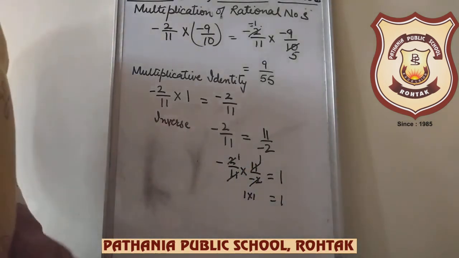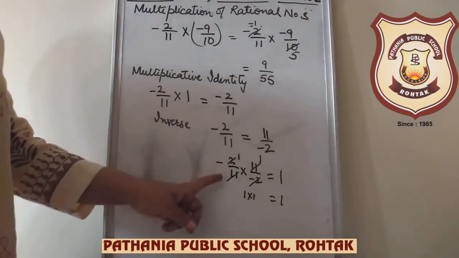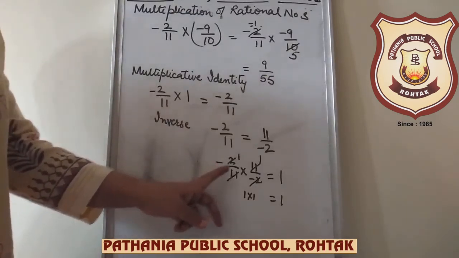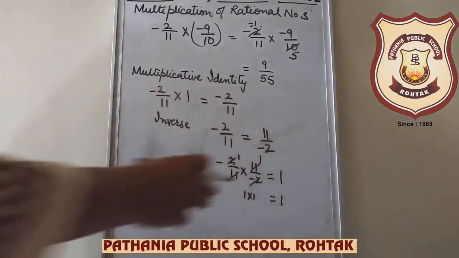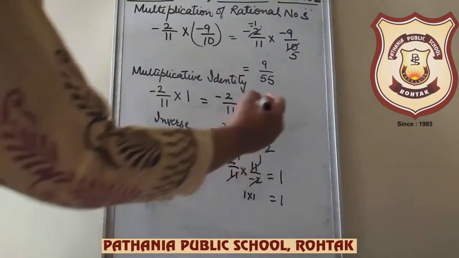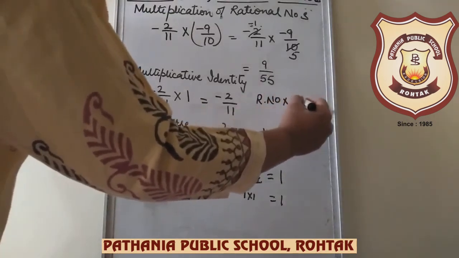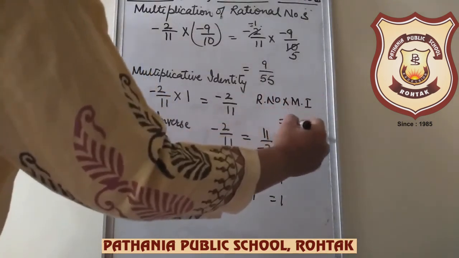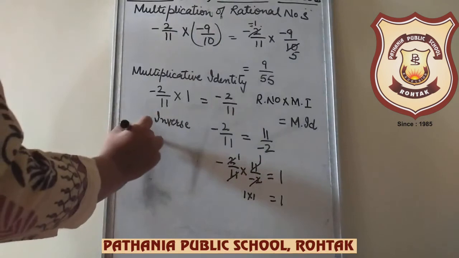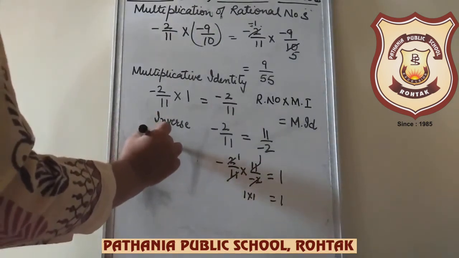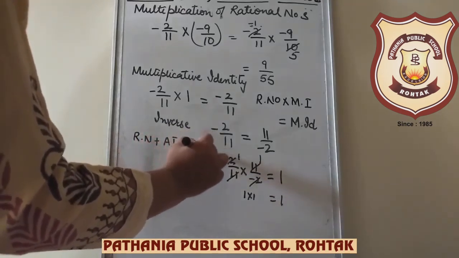So this is your multiplicative inverse. So when we multiply a rational number with its inverse, we get the multiplicative identity. Okay, what we are getting? When a rational number is multiplied by its multiplicative inverse, the answer is always the multiplicative identity. And similarly, if a rational number is added to its additive inverse, you get the additive identity.